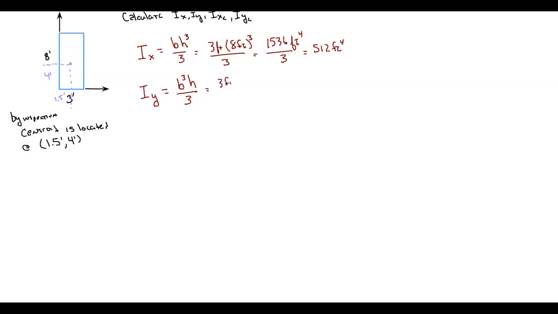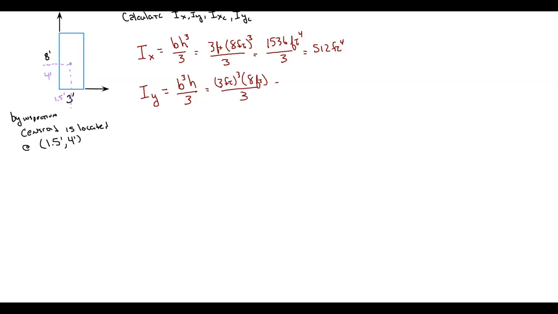Okay, so 3 feet cubed times 8 feet divided by 3. Well, 3 feet cubed is 27 cubic feet. 27 times 8 is 216.